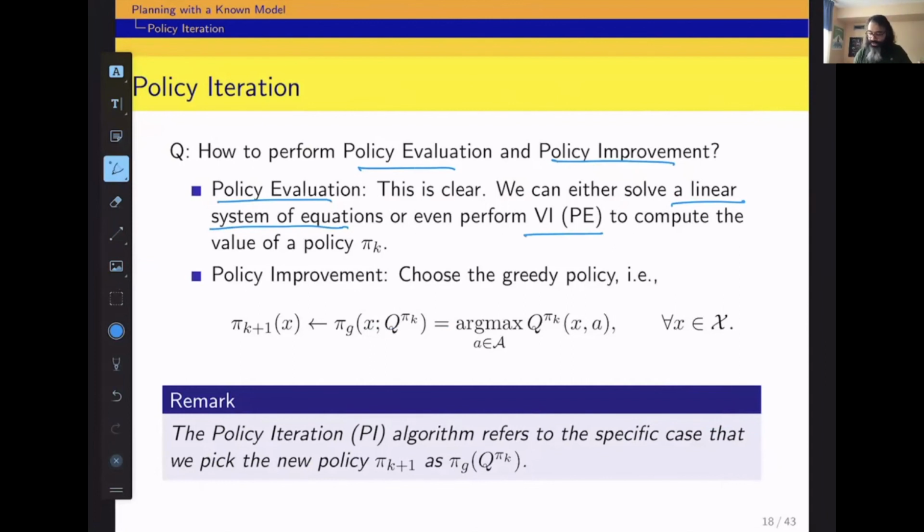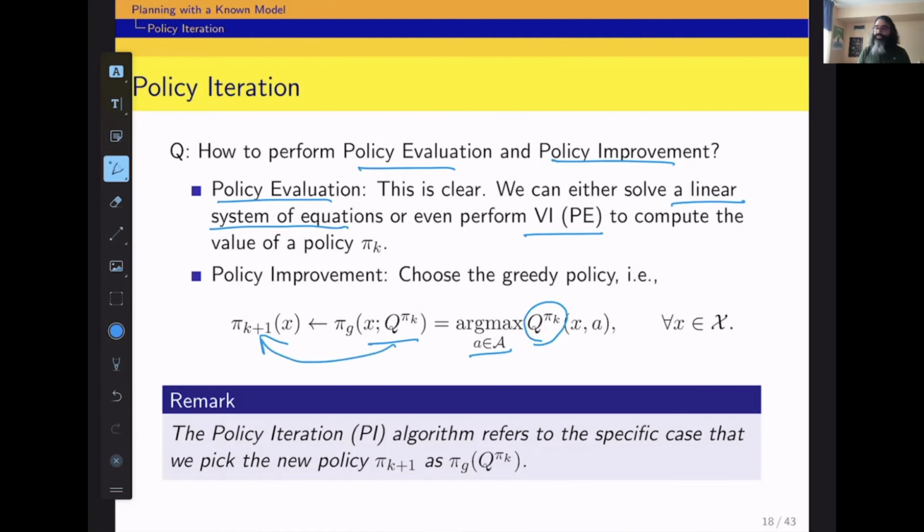So here, the idea is that after I computed q of pi k, I compute the greedy policy, which is just computing the maximum over actions, and then set that greedy policy as the new policy pi k plus 1.